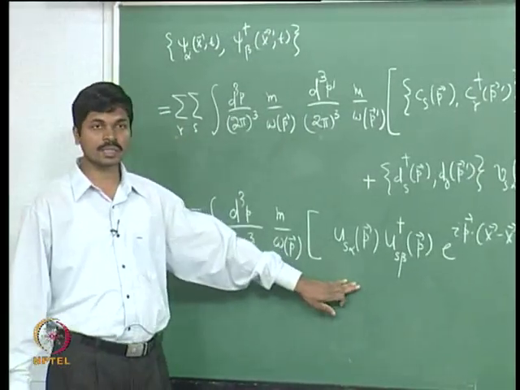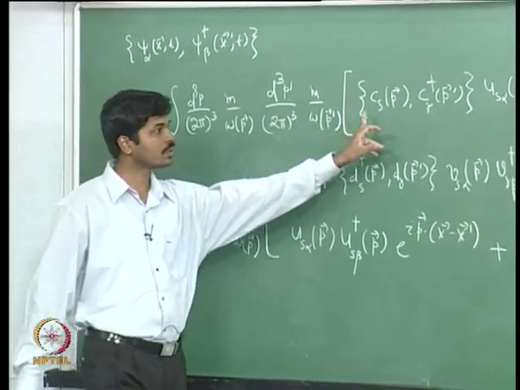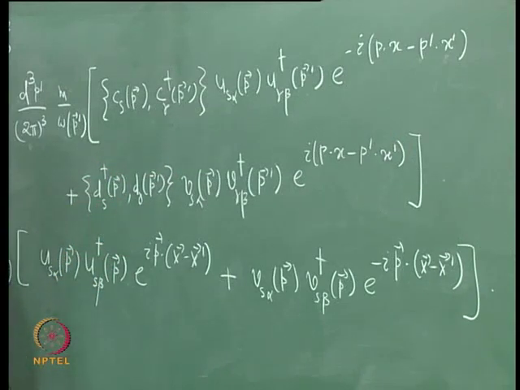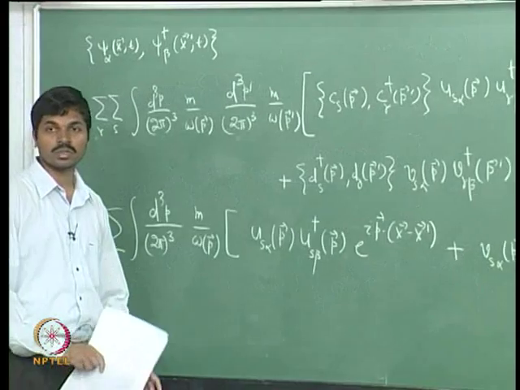This is what we will get when we substitute for the anti-commutation relations for C S and D S and so on.